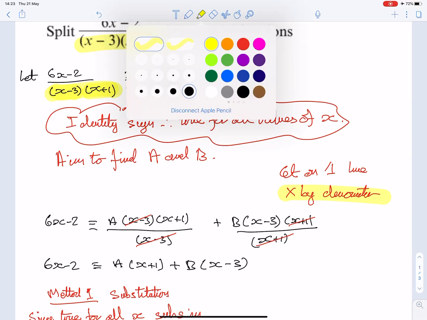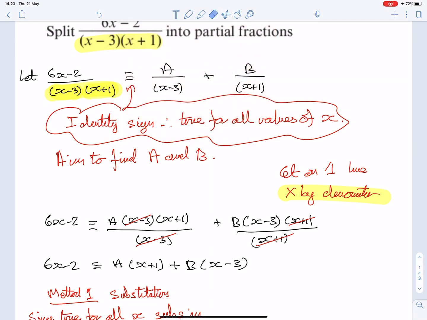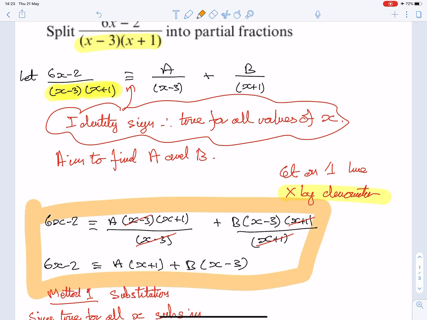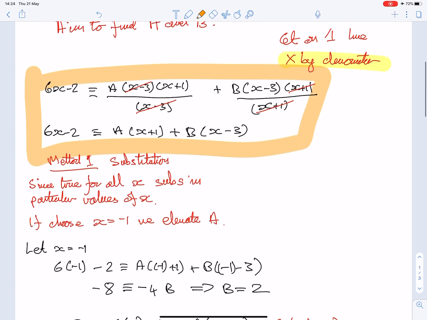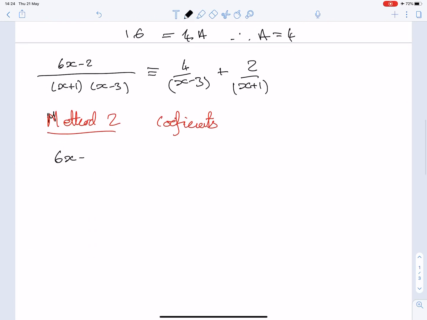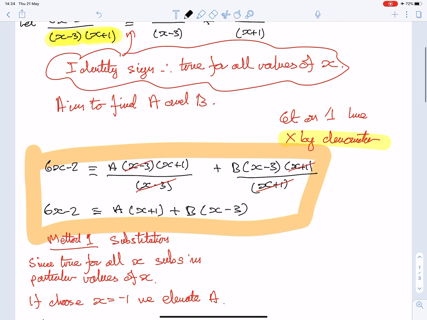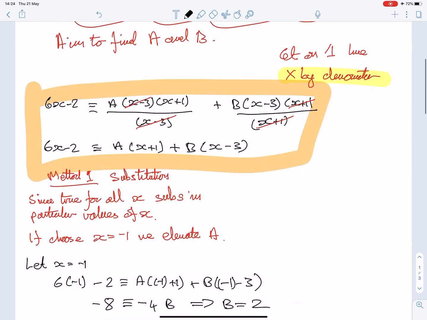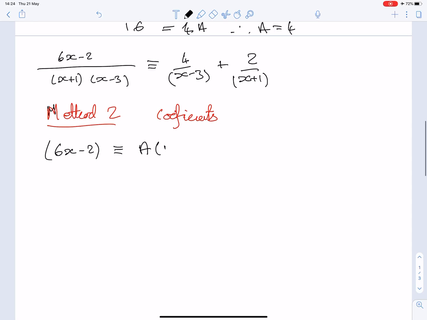I'm not going to write it out again, but where we multiply by the denominator and we end up with 6x minus 2 is identical to A lots of x plus 1 plus B lots of x minus 3.